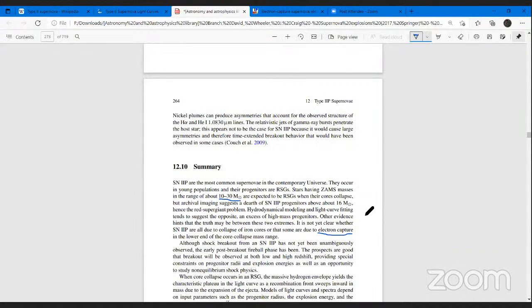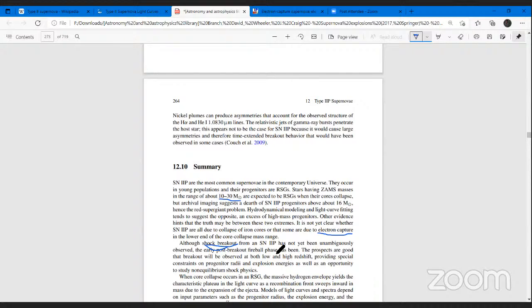Then we can also talk about shock breakout. Shock breakout means that in core collapse, in the initial stage of a supernova, a shock is propagated from the core to the outer layers.